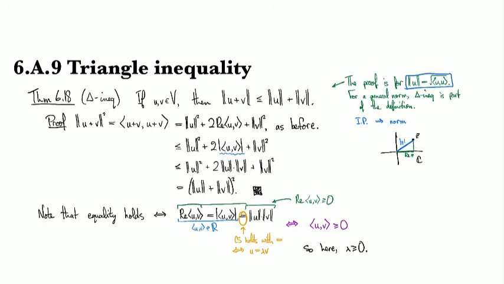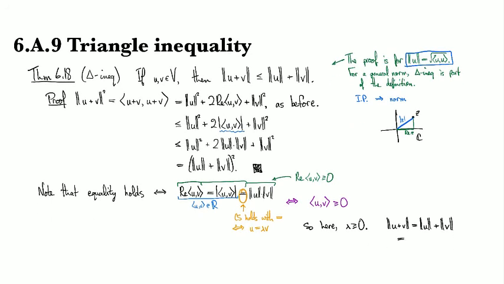All right, so tying that all together, we have that the magnitude of u plus v is going to be equal to magnitude u plus magnitude v, if and only if u is equal to a positive scalar multiple of v. So in other words, they're both parallel and they both lie on the same side of the origin.